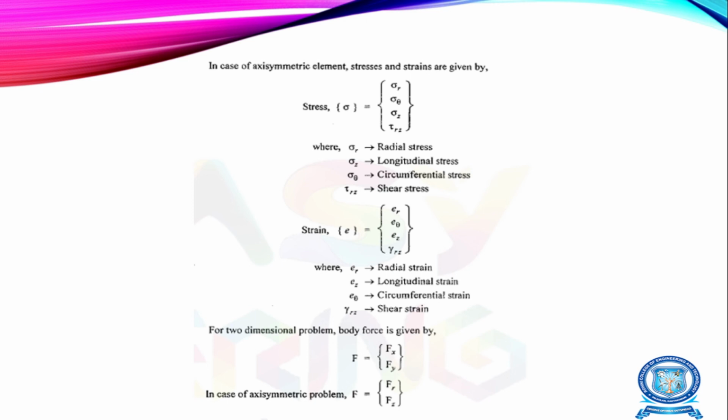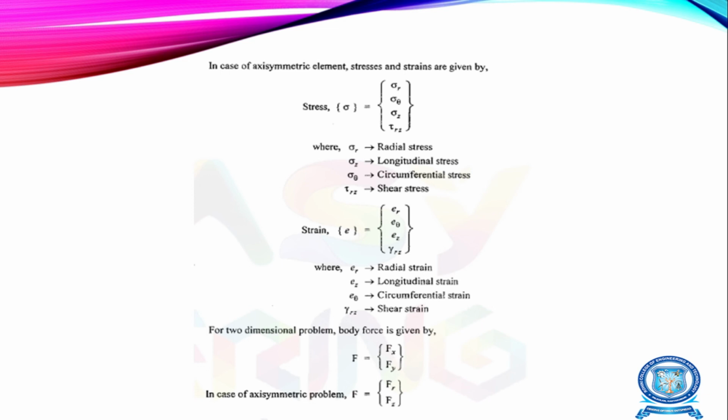Sigma r is the radial stress, sigma z is the longitudinal stress, sigma theta is the circumferential stress, and tau rz is the shear stress. Likewise, the strain vector is epsilon r, epsilon theta, epsilon z and gamma rz. Epsilon r is the radial strain, epsilon z is the longitudinal strain, epsilon theta is the circumferential strain, and gamma rz is the shear strain.